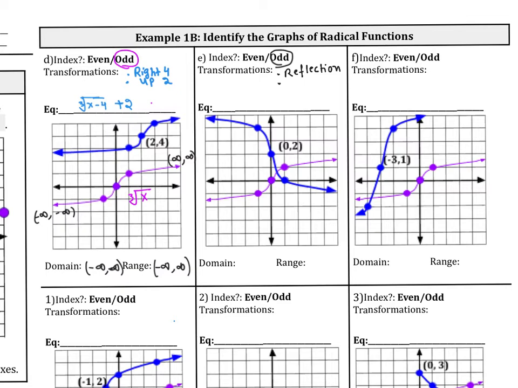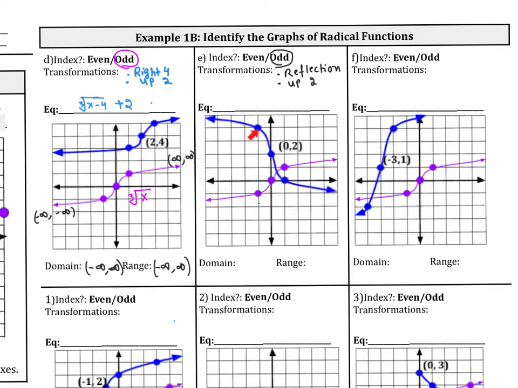And the other is that this has moved up 2 units, because this is cutting at 0 comma 2. Normally it should cut at 0, 0, but this one is moved 2 units up, so that's why it's 0 comma 2.